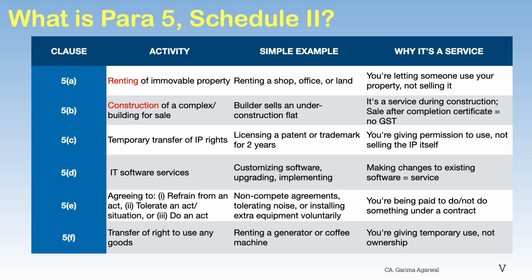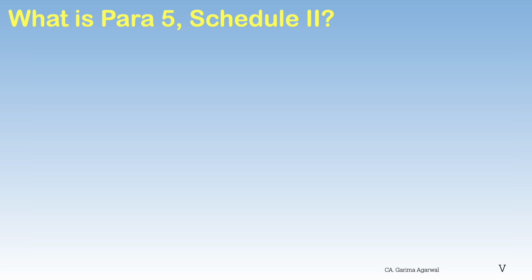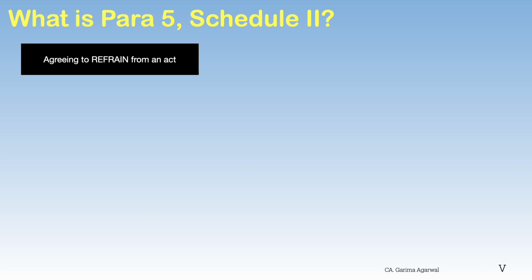There are basically 3 parts to it. First is agreeing to refrain from an act. Let's suppose a builder gets paid by a housing society to not build extra floors that would block sunlight to its building. He is refraining from doing something that he could legally do, and he is getting consideration for it.